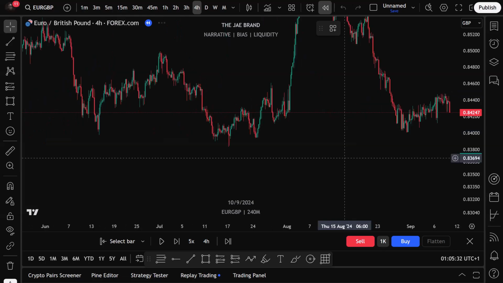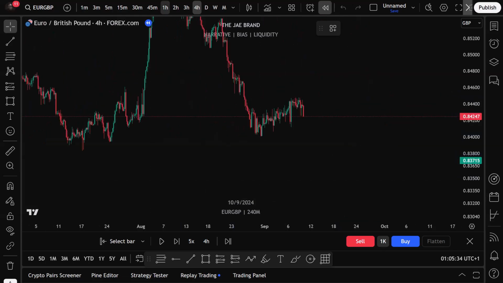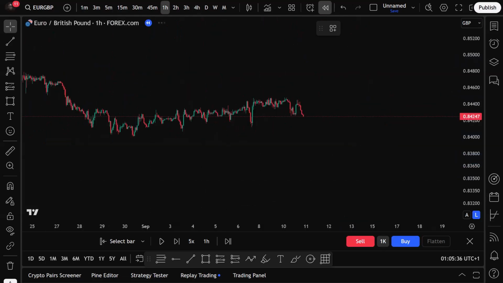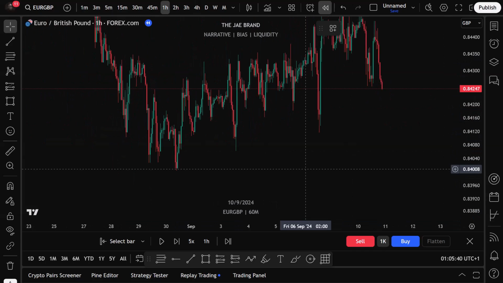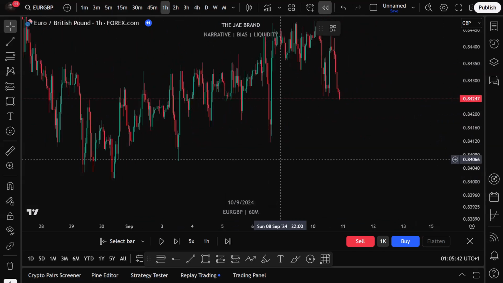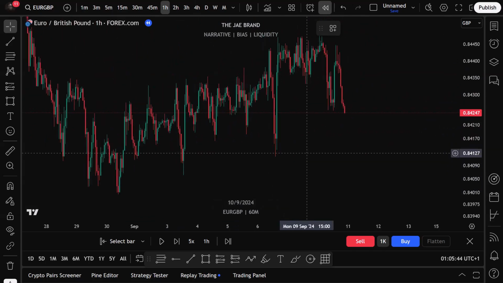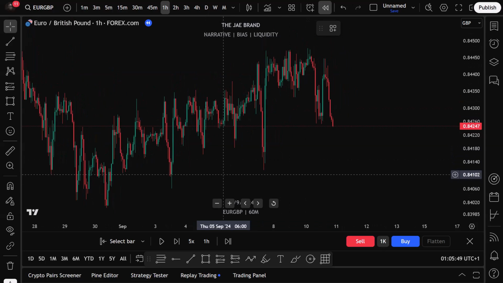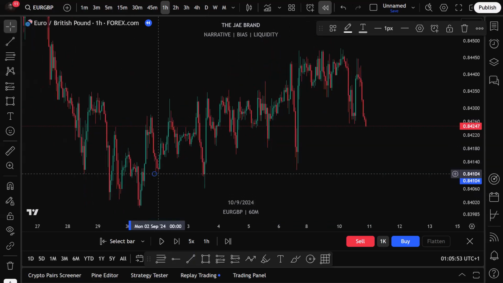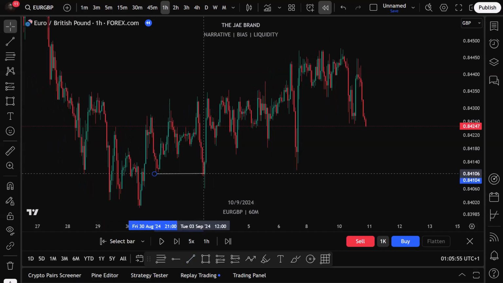Okay, I think I have something here. Just want to show us more of how to validate your structural liquidity. Okay, now we can see a sweep of this low, right?